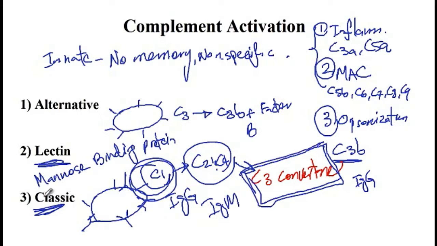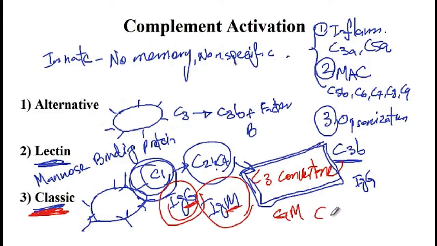So one memory aid that you can use here is that IgG and IgM are activated by the classic pathway, so you can say that GM makes classic cars. So the classic pathway is activated by IgG and IgM molecules.